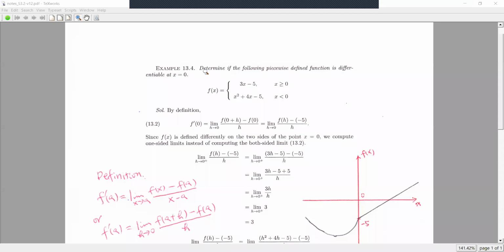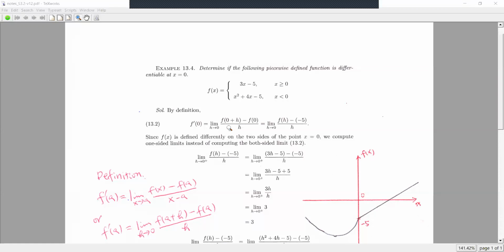Example 2. Determine if this function is differentiable at point 0. By definition is here. Derivative at point 0 is this both side limit. If this limit exists, then the function f is differentiable at point 0.